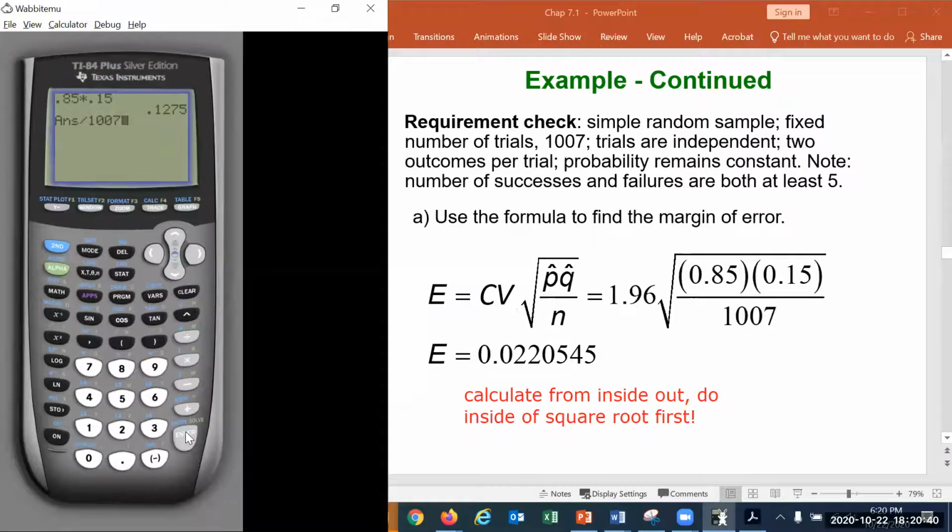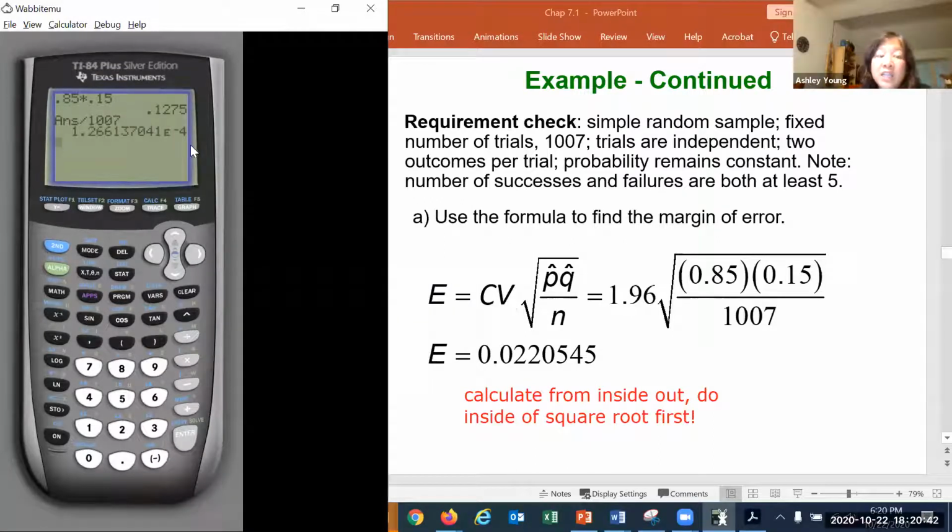Perfect. Now, see how this has e-4? I don't really want to screw with this now, because then I have to draw zeros and decimal places, and it's a whole big pain. So I want to leave it like it is. I need to square root this. Focus, guys. Square rooting is the same thing as raising to the 1/2 power. So I'm going to raise it, caret, to the 0.5 power.